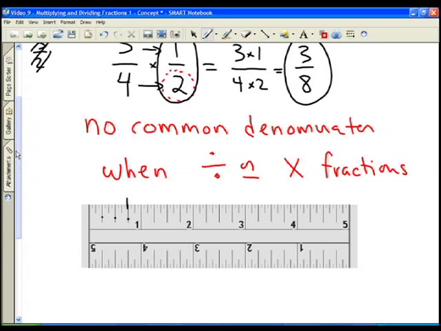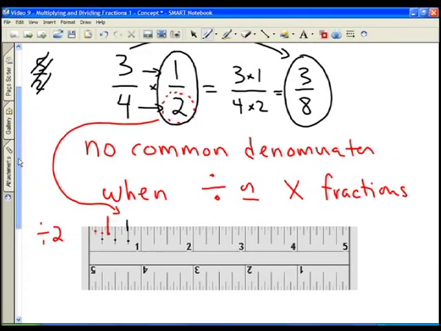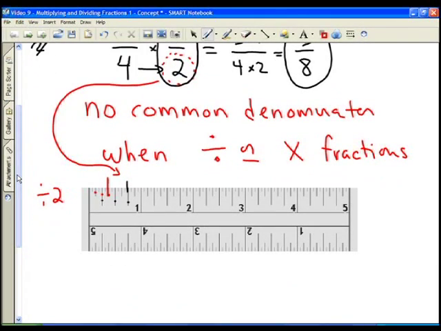Remember, these divisions are the eighths, and there's 1/8, 2/8, 3/8. So when we multiply by a half, it's really the same as dividing by 2. Here we had 3/4, and now we have 3/8.